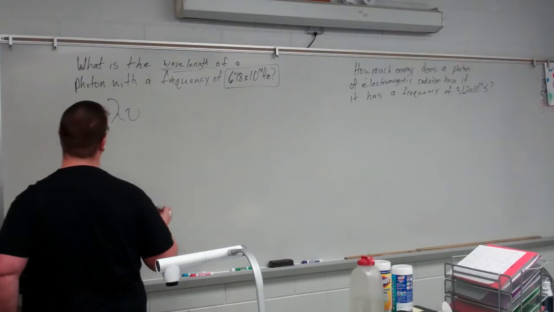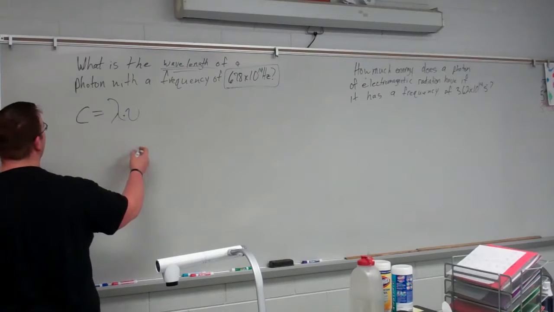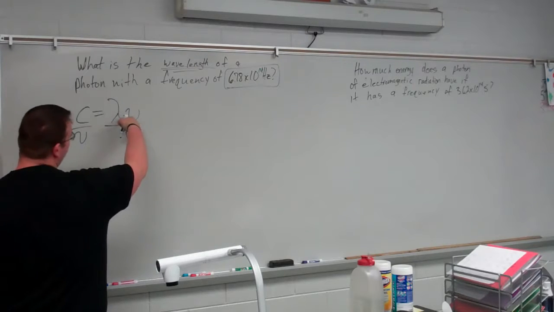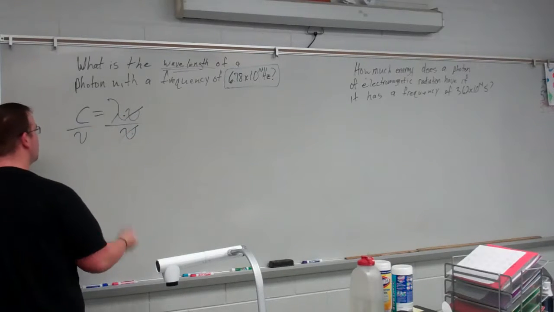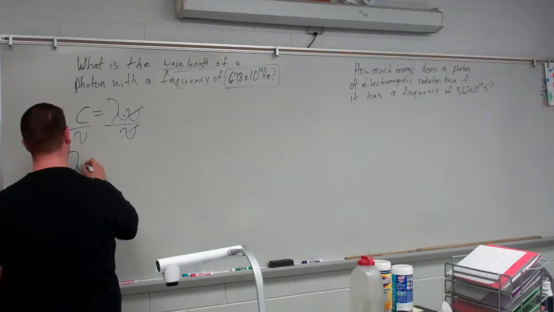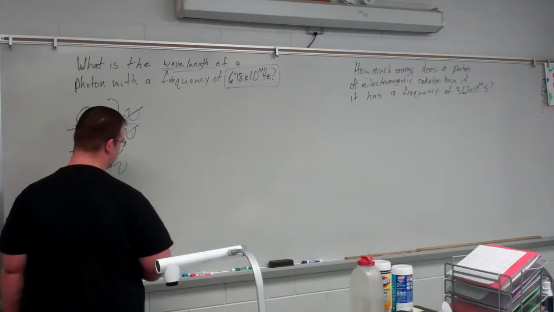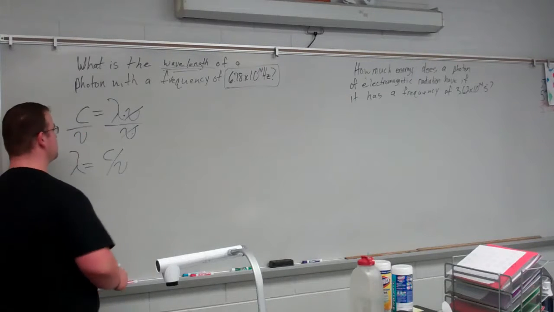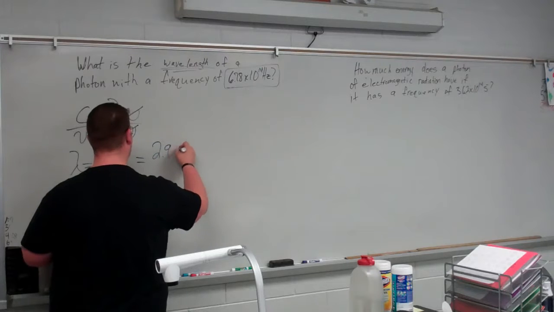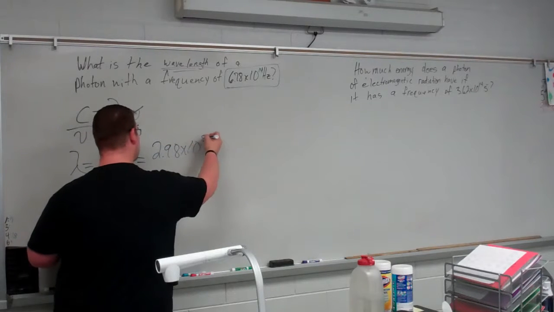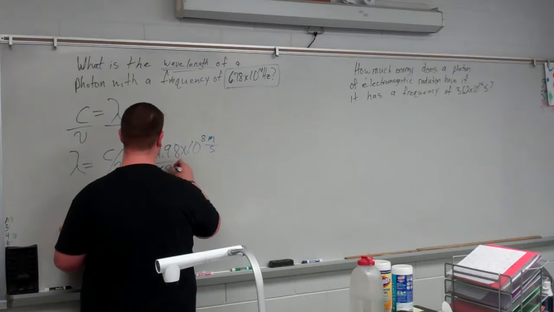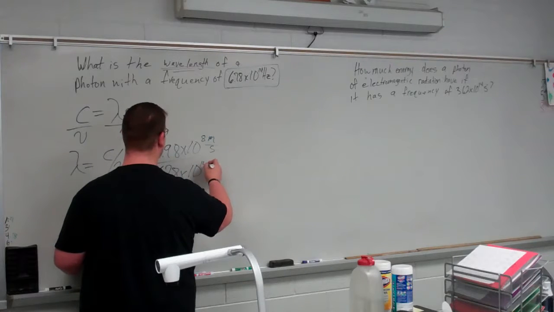Now I'm trying to find wavelength, so I got to get wavelength by itself. They're being multiplied together here. So if I divide both sides by frequency, because we're multiplying, frequencies cancel on the right to leave me with wavelength equals the speed of light divided by frequency. And then from here you can just plug it in. 2.98 times 10 to the 8 meters per second divided by frequency, which I gave you to be 6.78 times 10 to the 14 hertz.